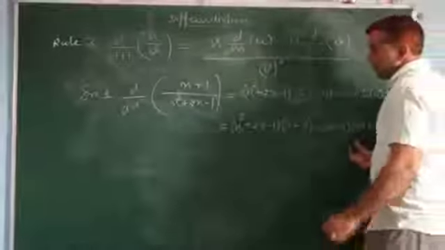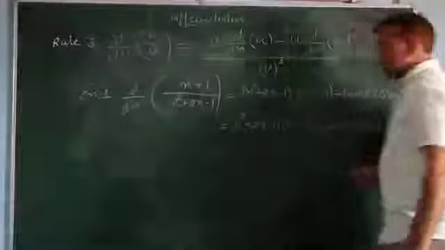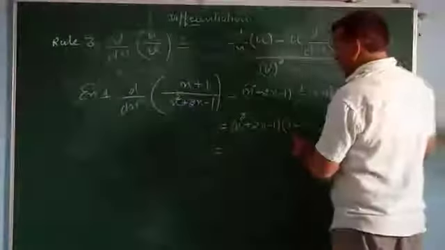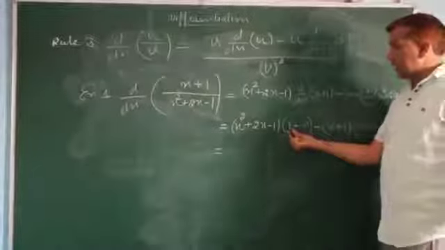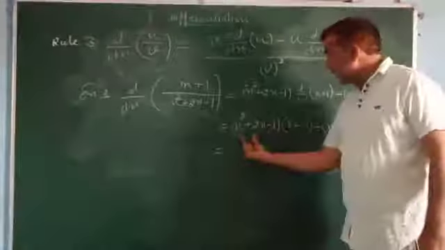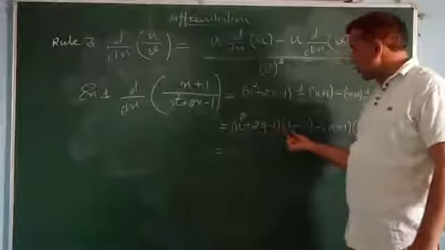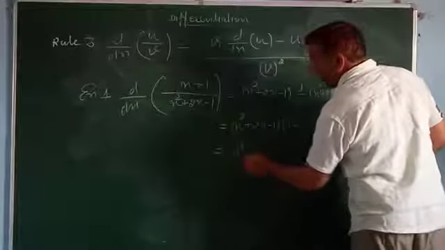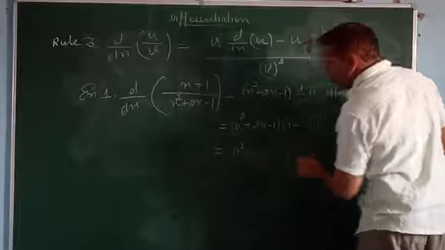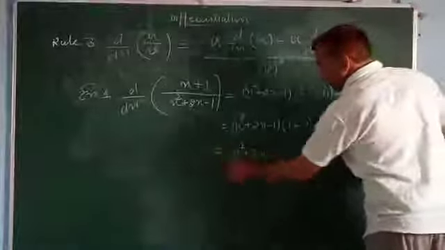We need not write the 0 here. Next will be here 1 plus 0, that is 1, and when we multiply x square plus 2x minus 1 by 1, then we will get the same number, that is x square plus 2x minus 1.